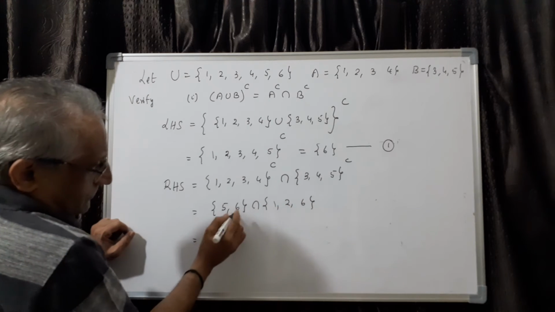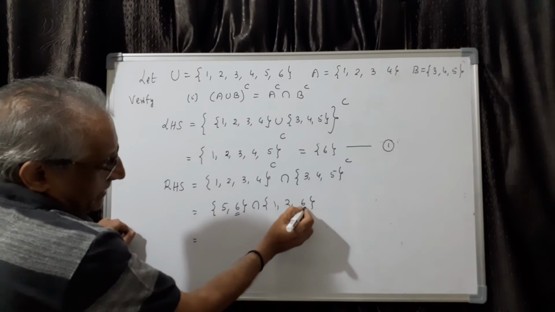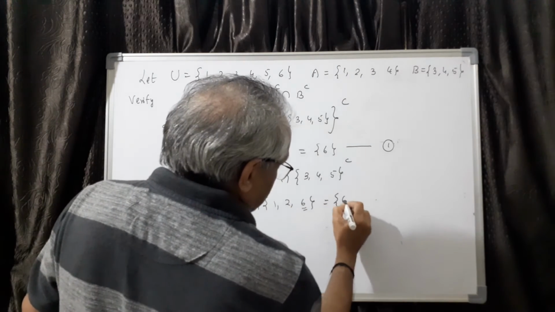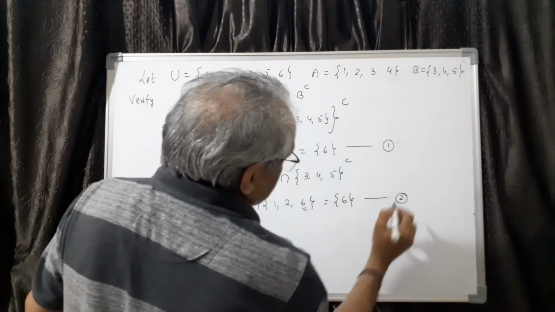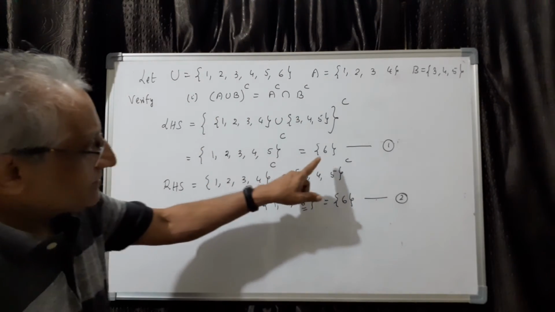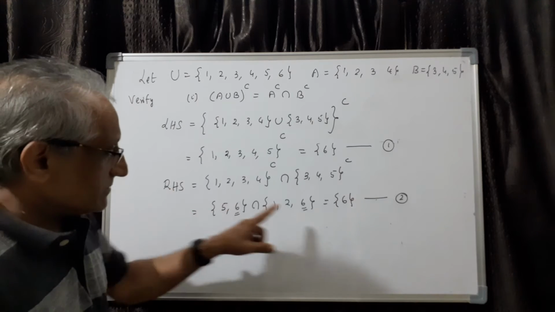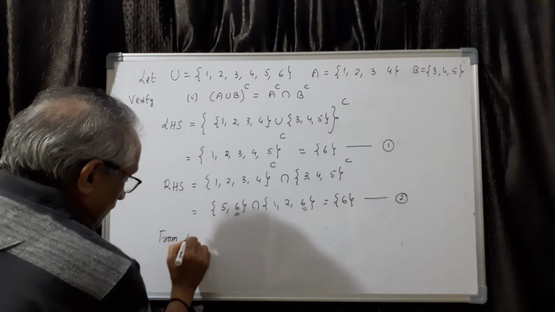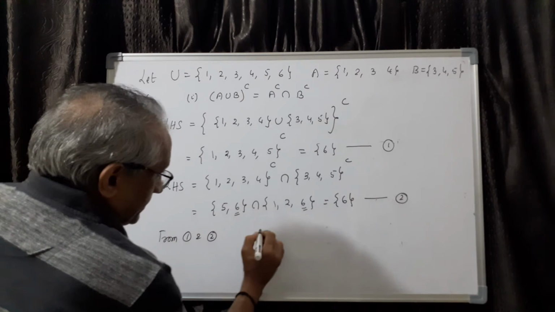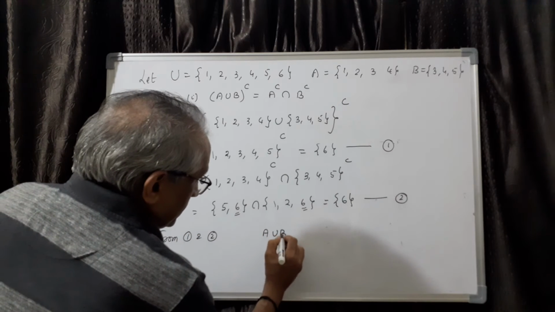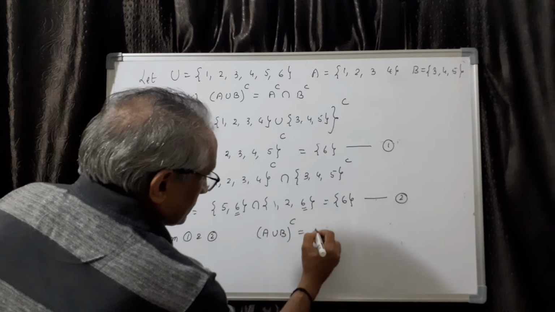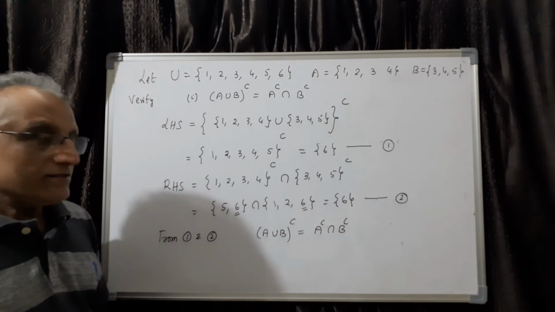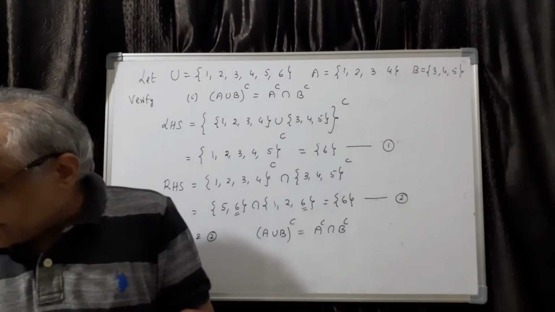You can see now intersection means common elements, so here I can write 6. Now you can check: left hand side set is 6, right hand side set is also 6. Therefore definitely you can say A union B complement equals A complement intersection B complement. So this is the law.